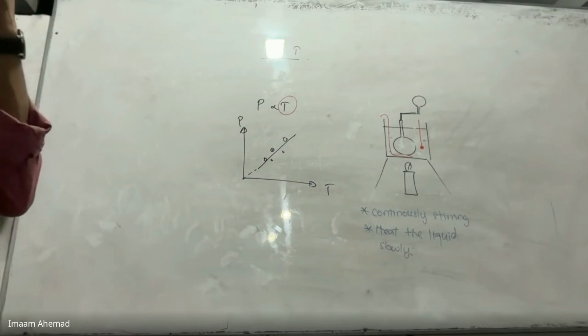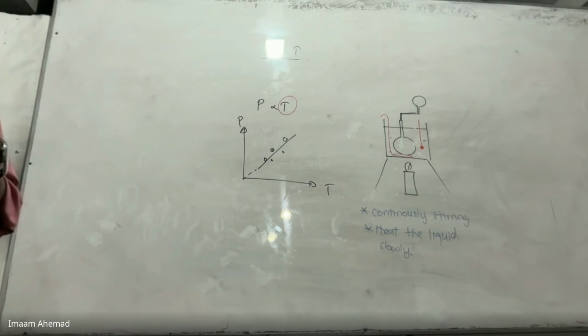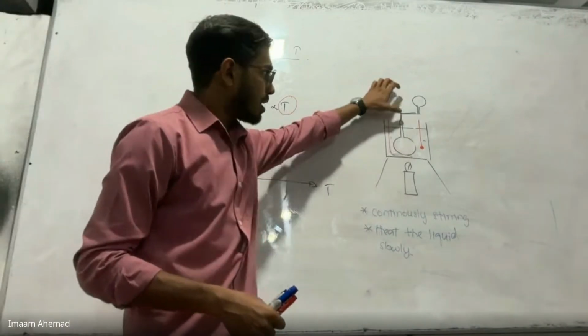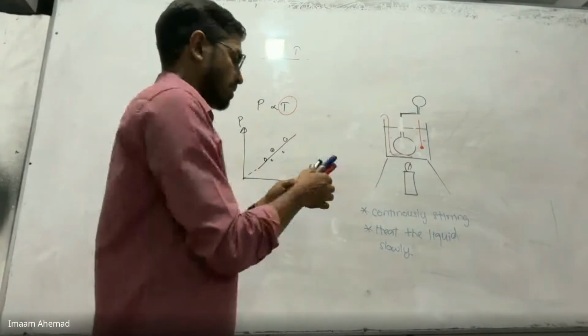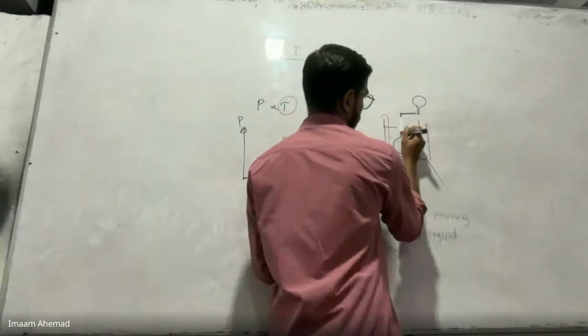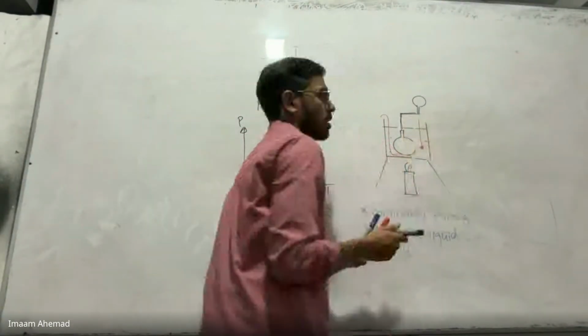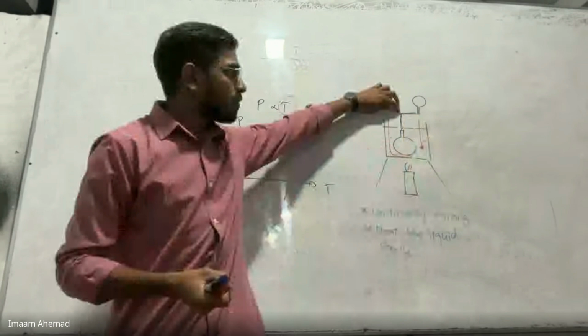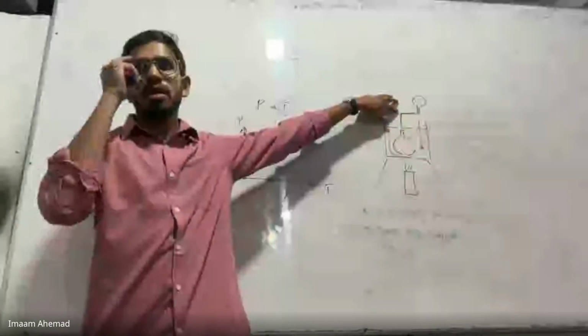And where else can we have a problem in this experiment? This is the air. Now this flask will be inside water. So here, what type of tube should we use? Narrow tube.